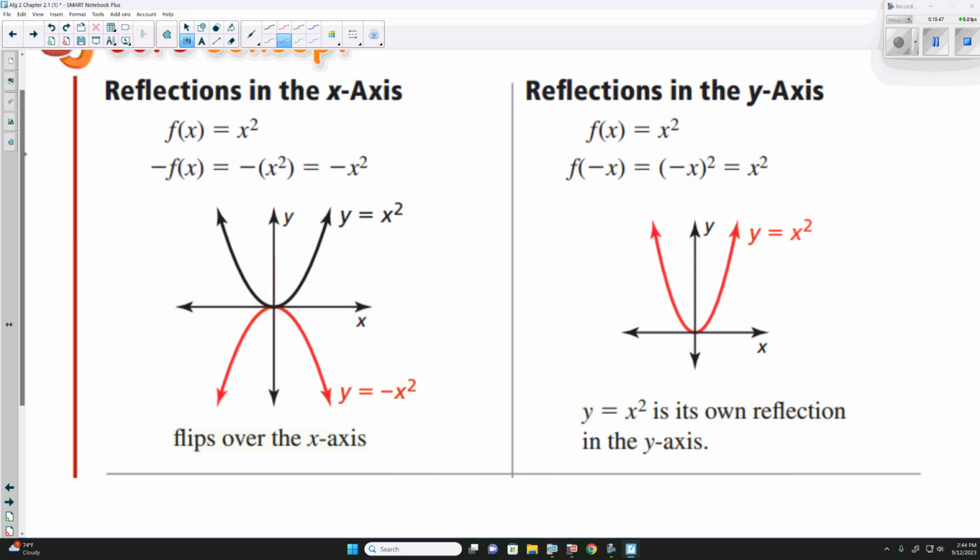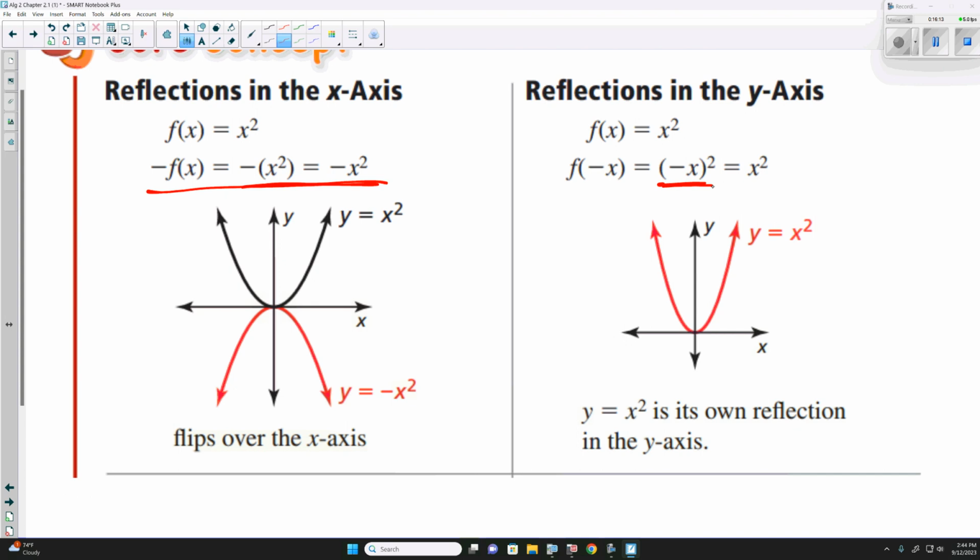Reflection. So if we have a negative in front of x squared outside the parentheses, it's a reflection across the x-axis. If it's in front of the parentheses or in front of x squared without parentheses, reflection across the x-axis. Now, if it's inside the parentheses in front of x, it's a reflection across the y-axis.